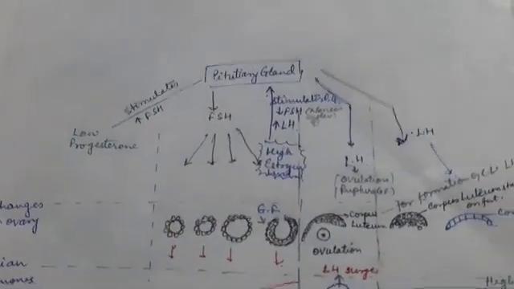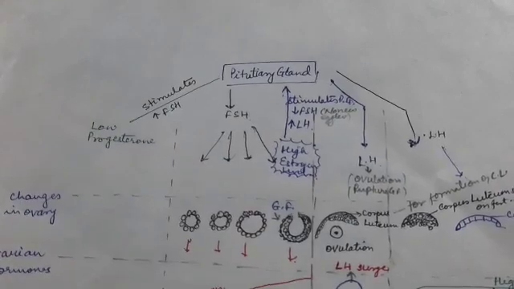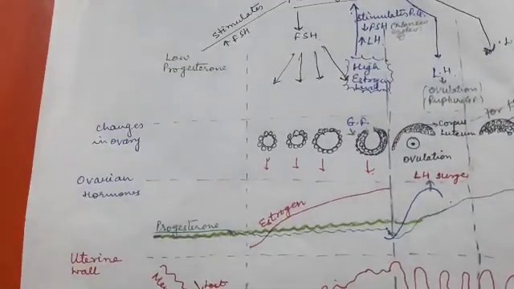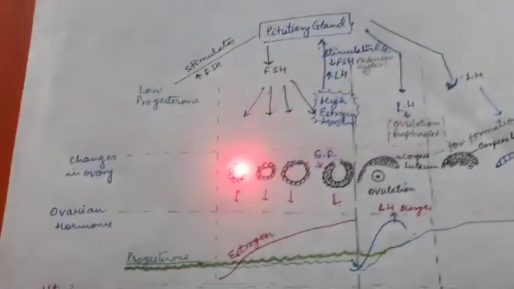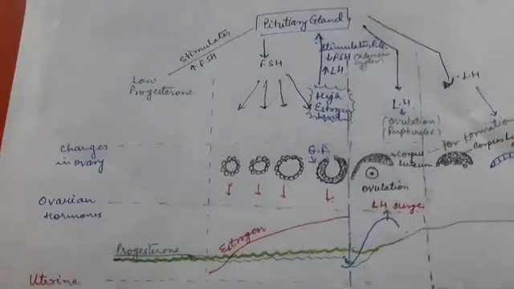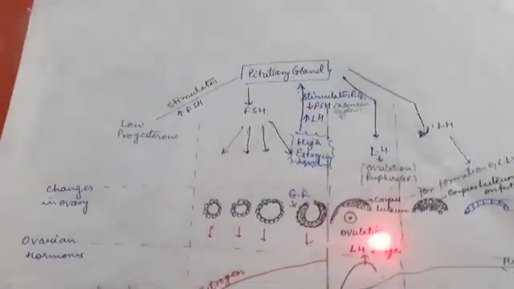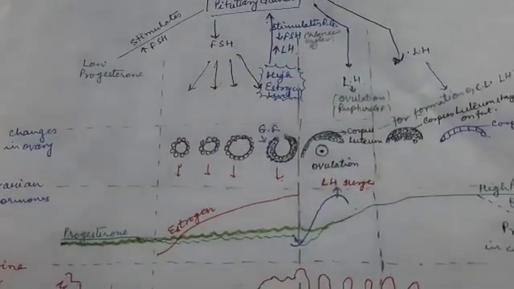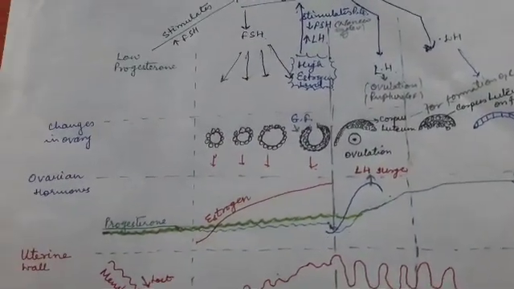Its production increases, and in the ovary, out of those clusters, because FSH is secreted, one follicle will start growing, and finally it becomes bigger and changes into the Graafian follicle. So there are stages of growth under the influence of FSH.